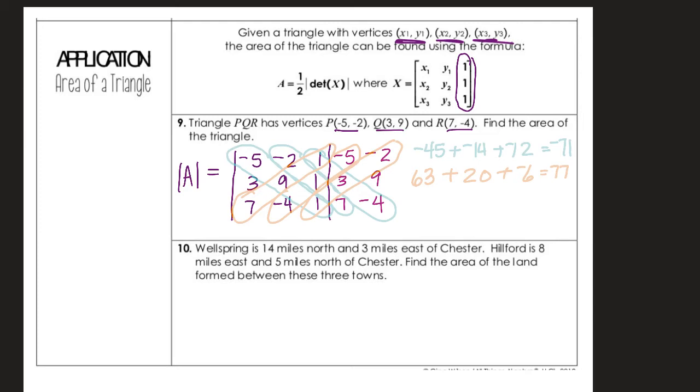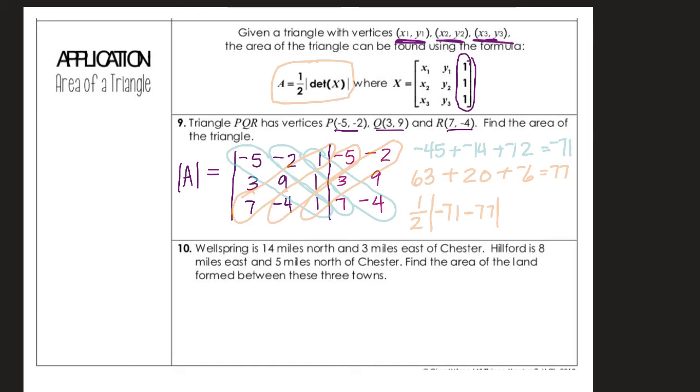Okay, so now keep in mind this area is 1/2 the absolute value of the determinant. So again, here was your downs, and so you're going to say 1/2, we can put all this together, the absolute value of downs, which was -71, minus your ups, which was +77.